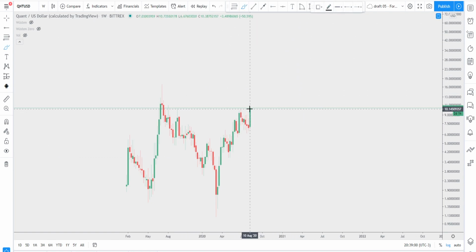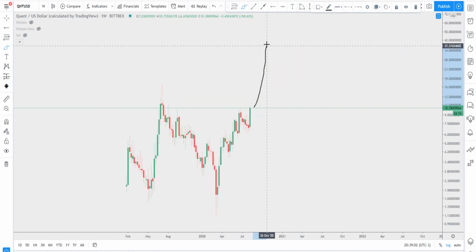From here, if you are waiting for moon straight from here, be careful, because every single parabolic move can end up in a bad way for any market, any asset, because people will take profits.